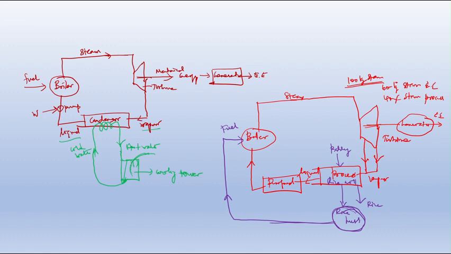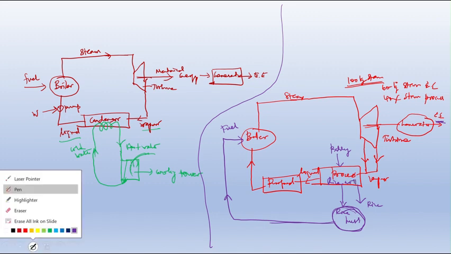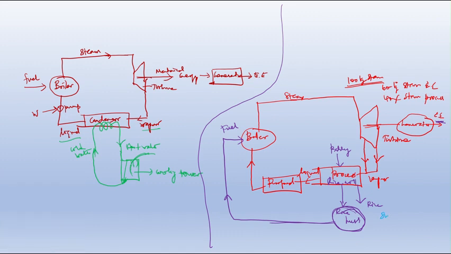This is similar for the sugarcane industry, as I already told. In the boiler, steam is produced, and the steam is used to run the generator, which produces electrical energy. In the sugarcane industry we get two products: one is sugar, and the waste is bagasse.